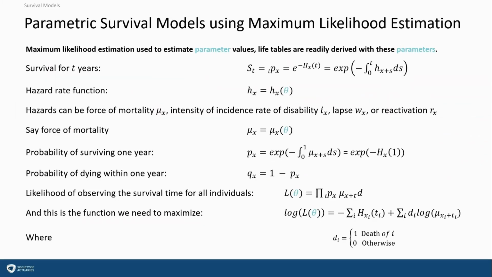Probably the last slide with a lot of maths on it, so hopefully not to lose everybody. Just to remind us, and for the non-actuaries in the room, we start with a survival function, which is a function of time, so it's how long will you survive in a particular state. We can define that in terms of a starting age X, and then T is the survival time.